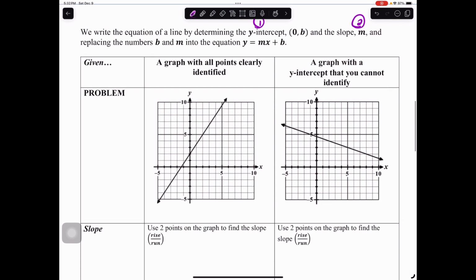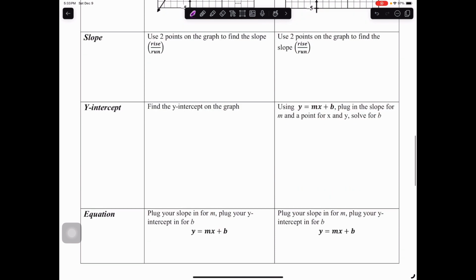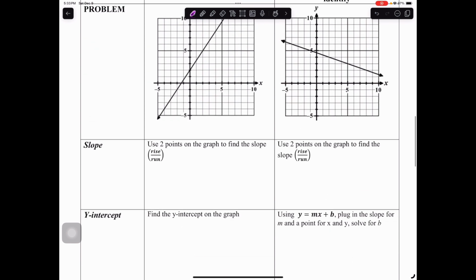How we do that is going to depend on whatever we're given. So we're going to go through all the scenarios and talk about how to find those 2 things no matter what, and see the different strategies that we have. So we are going to be given different things. And you can see here I have a slope, a y-intercept, and then finally writing the equation.